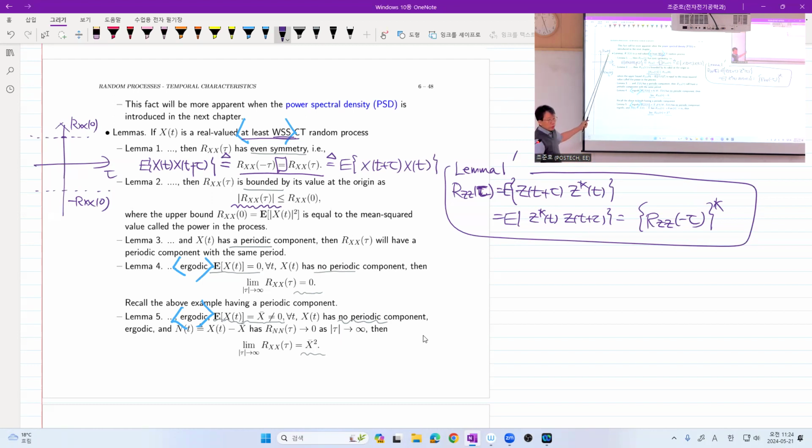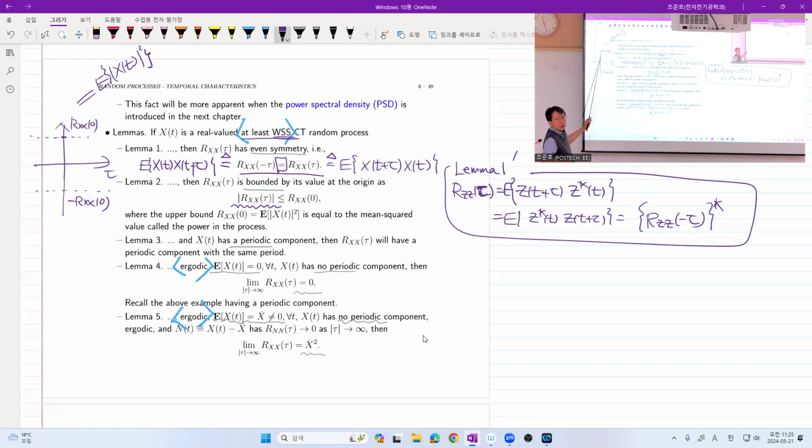Because whether X is real or complex, the autocorrelation function evaluated at the same time instance is simply the expectation of |X(t)| squared. And the expectation of something is something times its probability, and that something is always non-negative, and probability is always non-negative. So this is always non-negative. That's why I wrote it here.